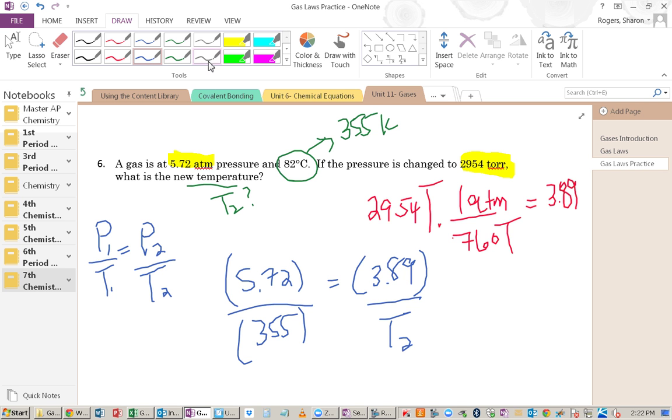T2 is what we're looking for. So if you know how to set it up, good. That's skill 1. Skill number 2 is, can you plug it in your calculator and solve? You just cross multiply. And when you do that, you should get 241.42 Kelvin.